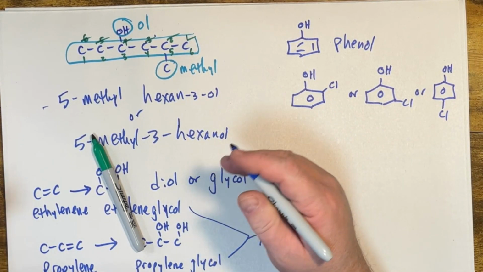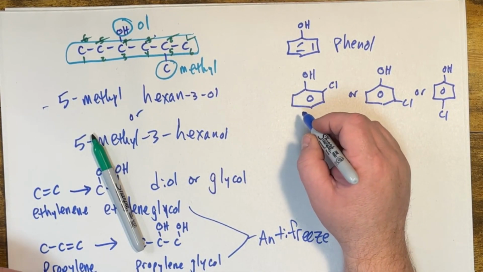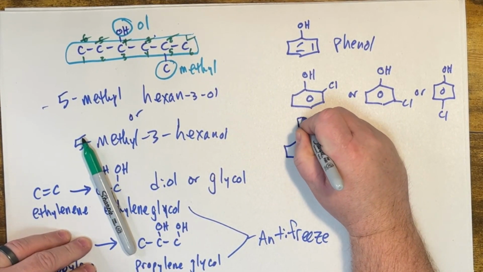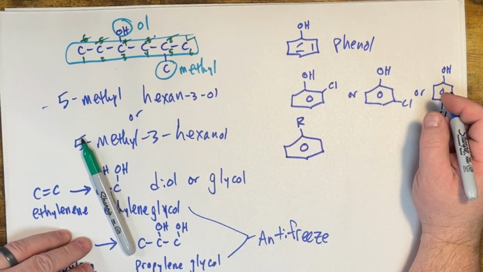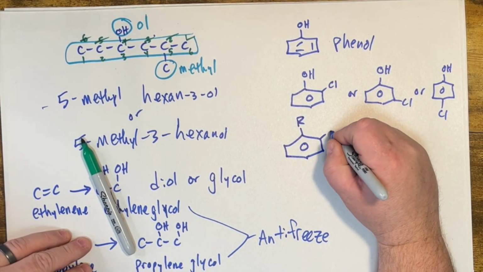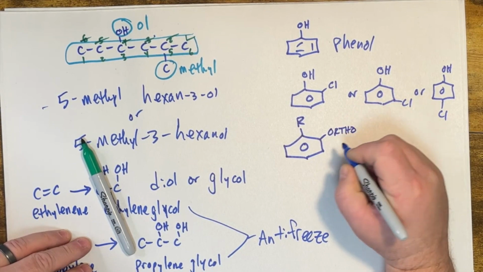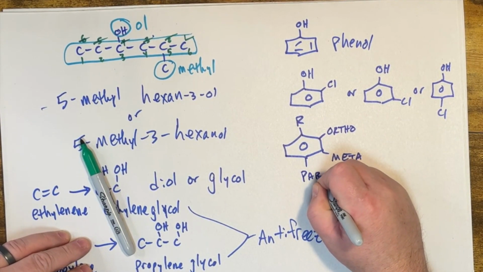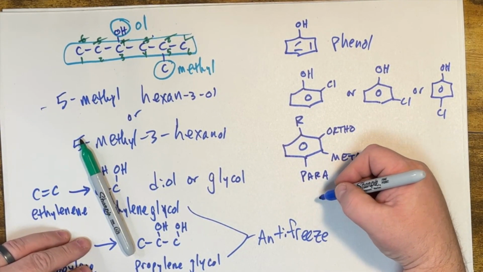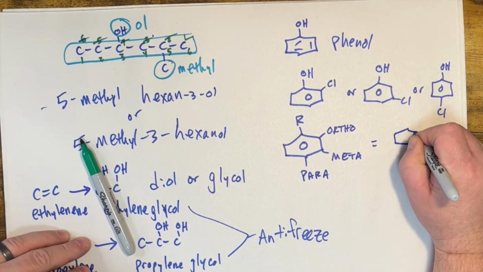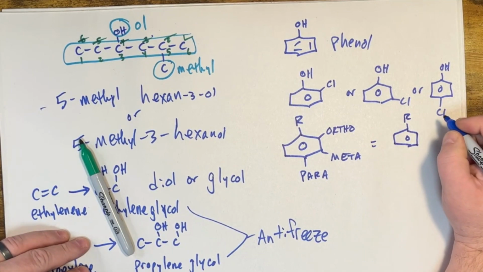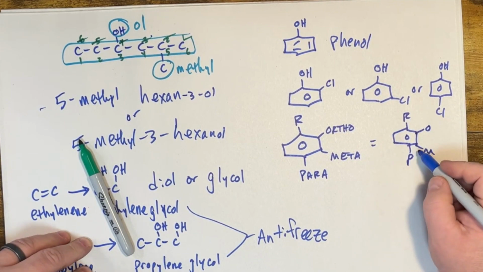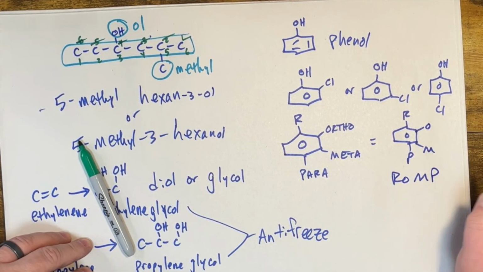But there's another naming system we use when we have 2 groups on a phenyl ring like this. So if you have a phenyl ring, and this is the important group, the OH group, the alcohol in our case, this position is called the ortho position to that. This position is called the meta position to that. And this is called the para position: ortho, meta, para. And the way you can remember that, if this is my R group, ortho, meta, and para, you romp around the ring.